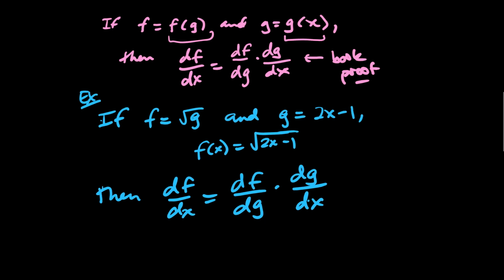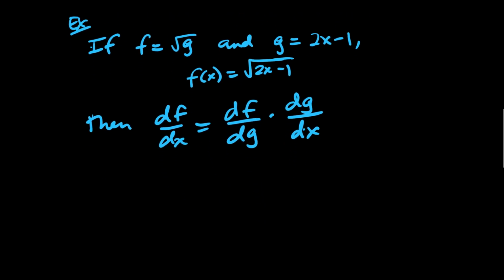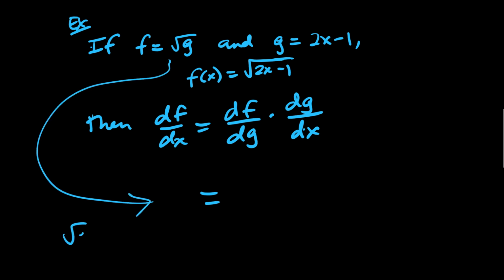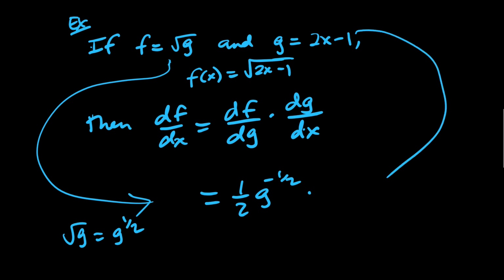So then to finish this up, we would take the derivative of f with respect to g. So that's from here. Square root of g is g to the 1/2 power. So that would be 1/2 g to the negative 1/2 power using the power rule. And then times the derivative of g with respect to x. That's from here. That would be a 2.